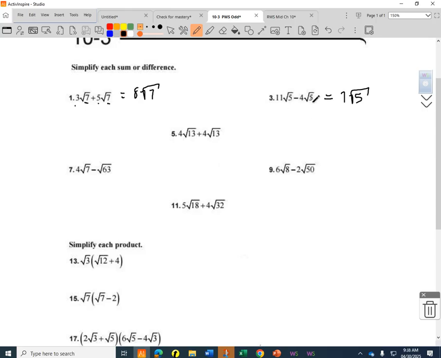Because the number under the square root is the same, 11 square root 5 minus 4 square root 5, all we did is take the 11 minus 4, and that's 7, and write the square root 5, right? So for number 5, I asked you, what is 4 square root 13 plus 4 square root 13? 8 what? 8 square root 13. Yes, I knew you could do it.